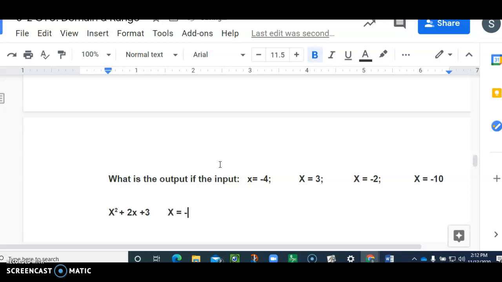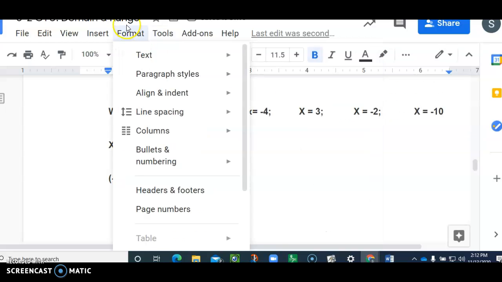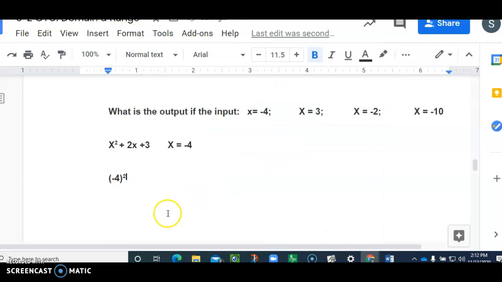So what happens if x equals negative 4? So all you need to do, you just substitute the value. Instead of x squared, you put open parenthesis, because your x is negative. Once it's a negative number, I put open parenthesis, negative 4, squared. Okay, so I put format text and superscript, and then the second power right there.